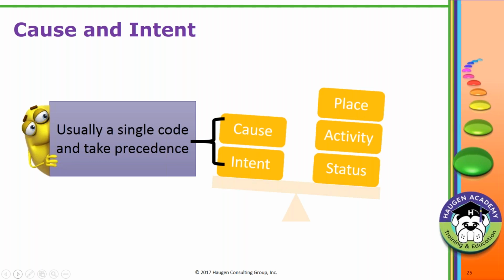I love this slide because it really shows you the layers and the steps that it should be coded. So really a well-documented case, and I'm sure all of the providers that we work with are the best documenters in the world, and we're thrilled with that. Those well-documented cases could have at least 4 external cause codes. So you can see the cause and the intent, and then the place, the activity, and the status.